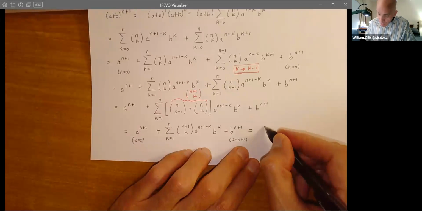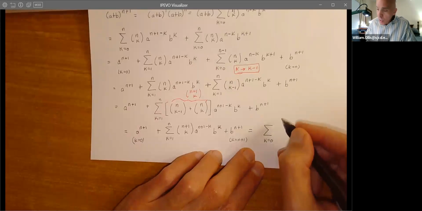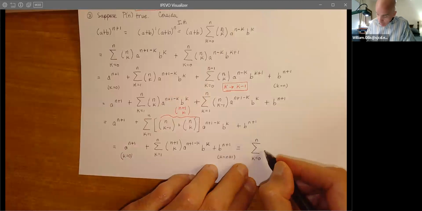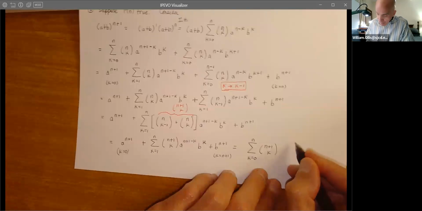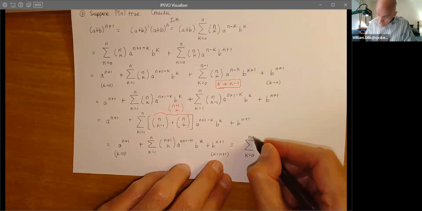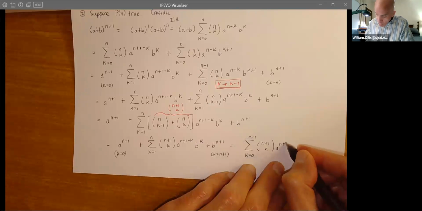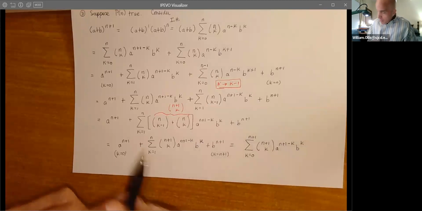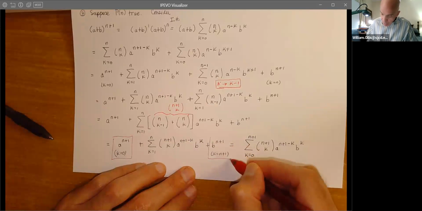So this will give us the sum from K equals 0 to n, and then we have n plus 1 choose K, A. Of course, now we need the 1 here, and we have A to the n plus 1 minus K, B to the K. So these two terms now, that becomes the 0 term, and this becomes the n plus 1 term.